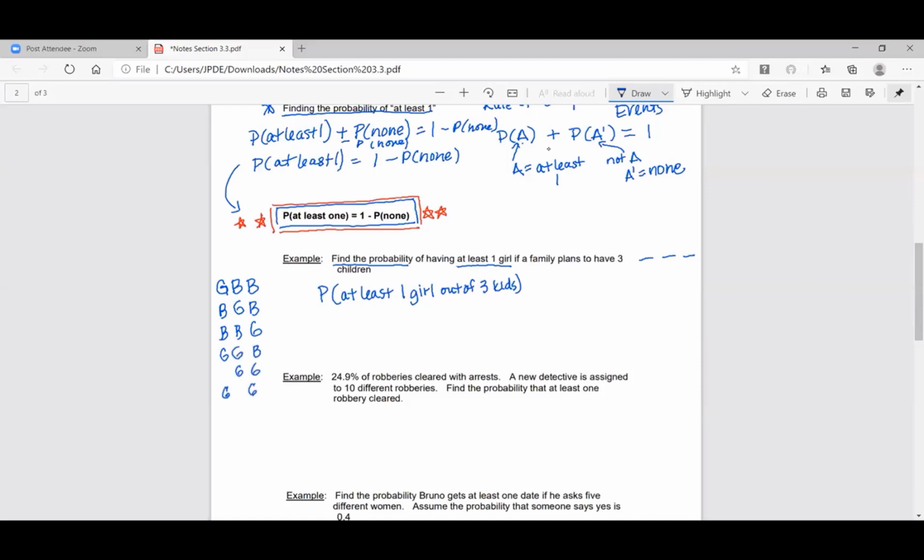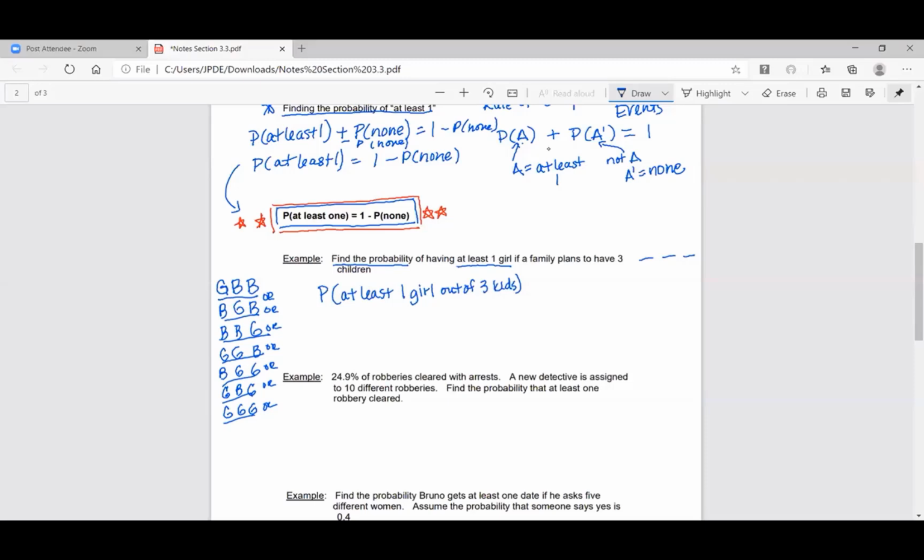They can be the first and the third. You could also have 3 girls. So you could have this or this or this or this or this or this or this. And you'd have to add all of those up, all of those probabilities.